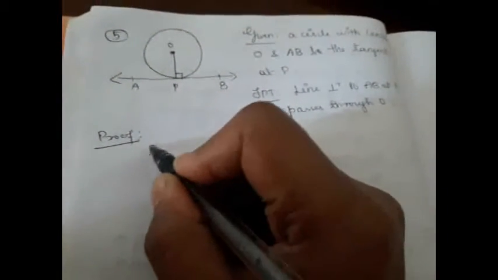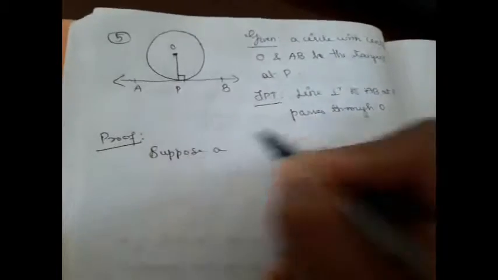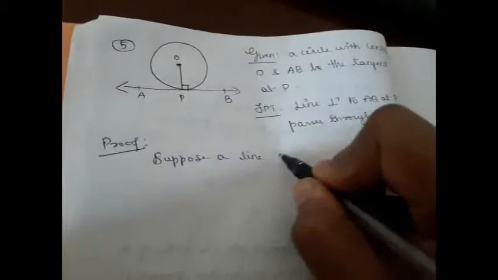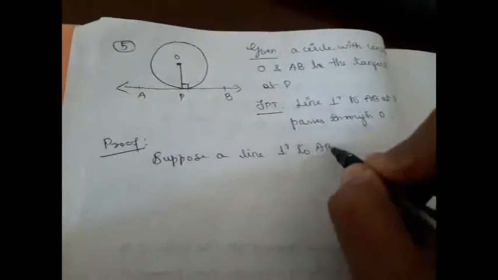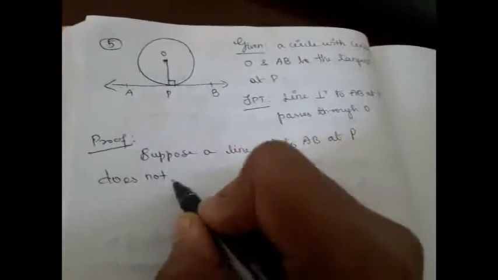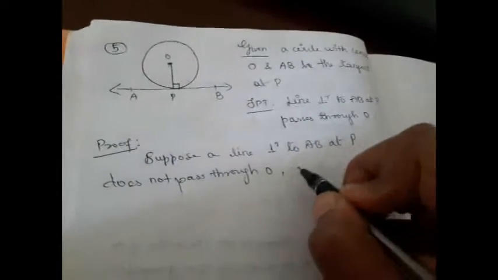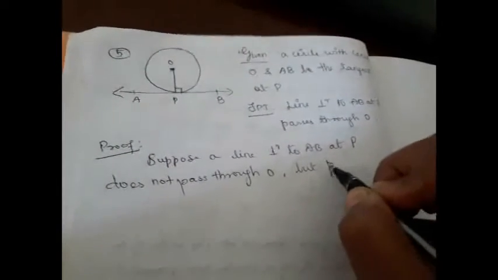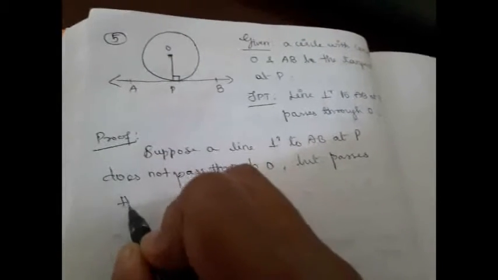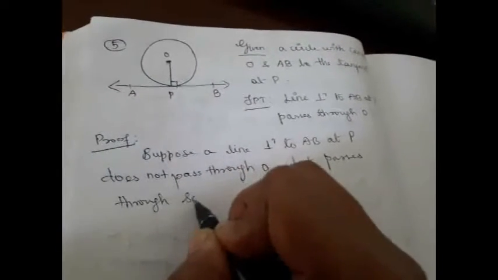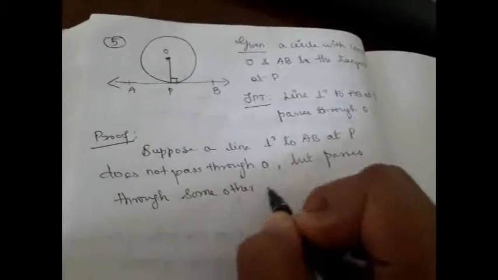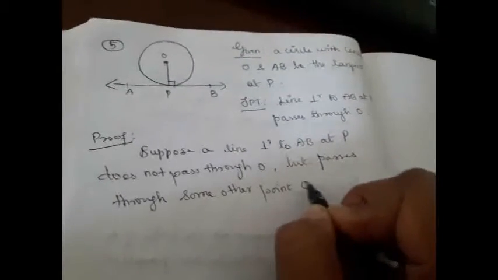We need to prove a line perpendicular to AB passes through O. Now let us assume, suppose a line perpendicular to AB at P does not pass through O, but passes through some other point, say O dash.